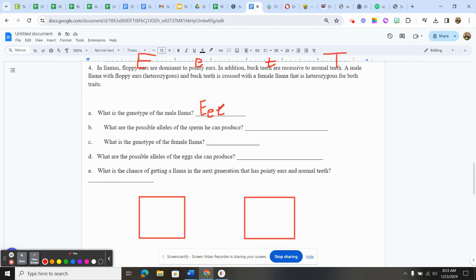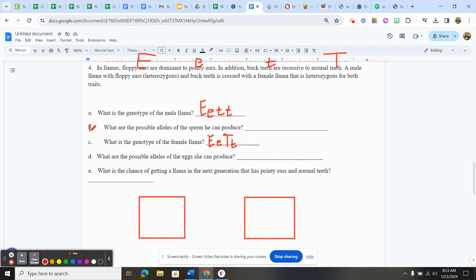So he's going to have 2 copies of that little t. And he's going to cross with a female llama that is heterozygous for both traits. So if we go down here and look at the genotype for the female llama, she's going to be big E, little e, big T, little t.